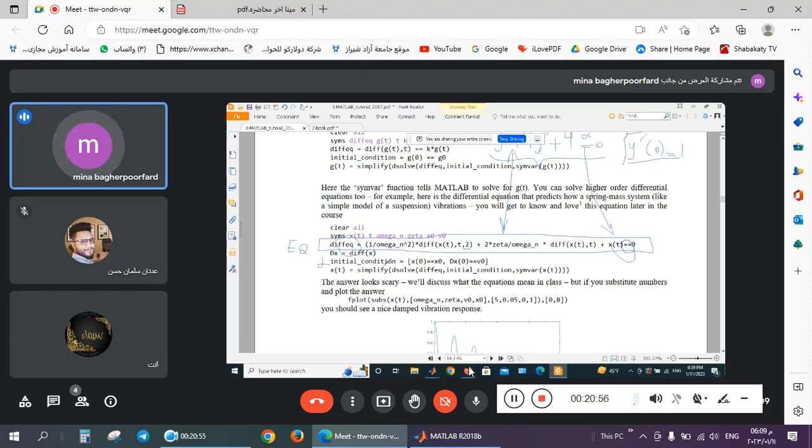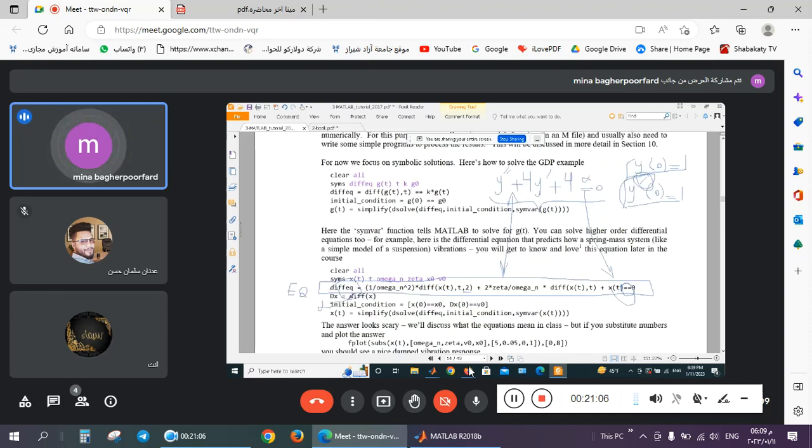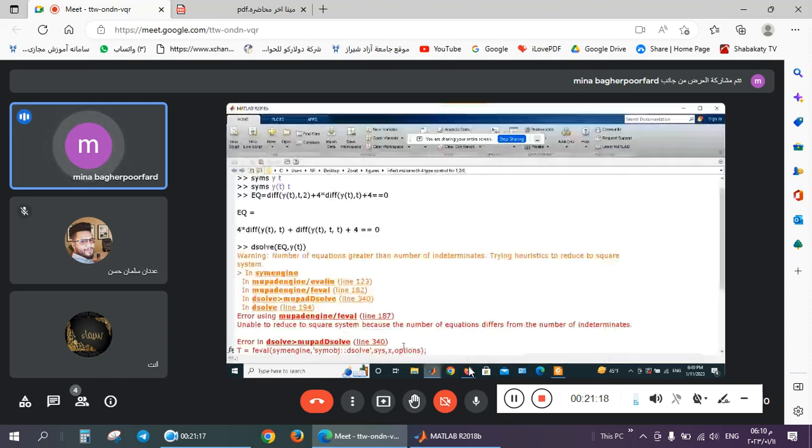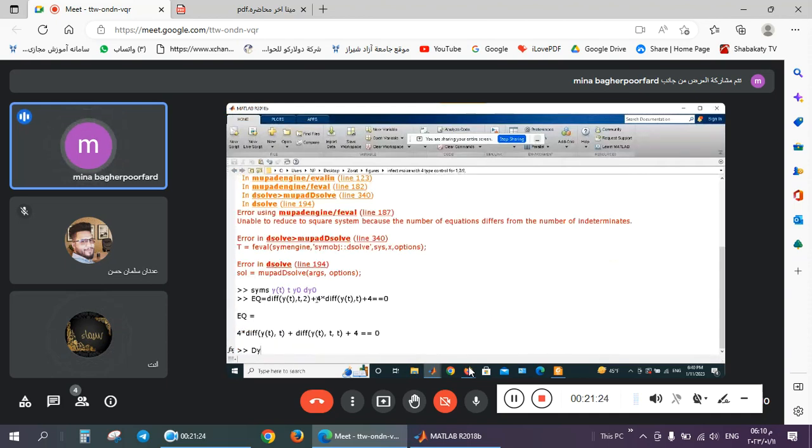Because the second initial condition is for the first derivative, I should define the first derivative. This line: dx is diff of x.